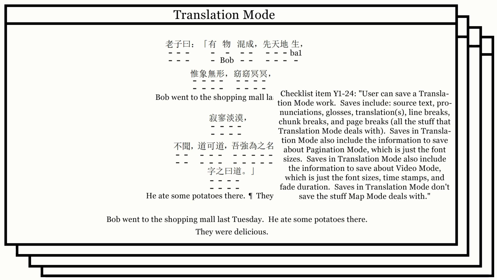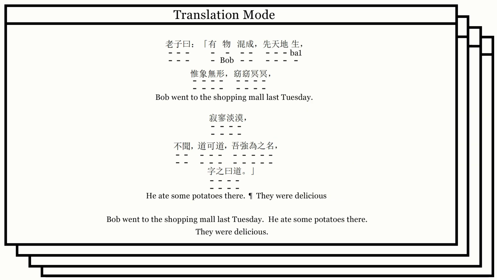We'll get to that later, what that stuff in pagination and video mode is. But saves in translation don't save the stuff that map mode deals with. Okay. We haven't got to that stuff about pagination mode and video mode and what information is saved about those, but a save in translation mode mostly saves the information about the stuff we're dealing with in translation mode.